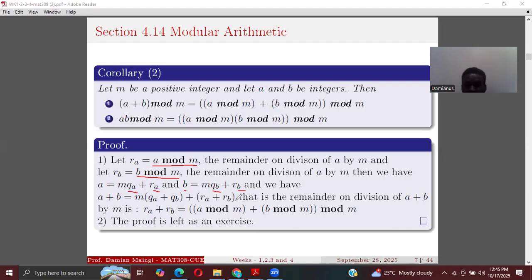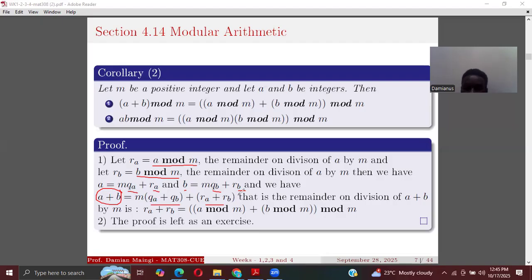And so what does this tell you? This tells you if you divide A plus B by M, you get this quotient, and this will be the remainder. In other words, the remainder on division of A plus B by M is RA plus RB.